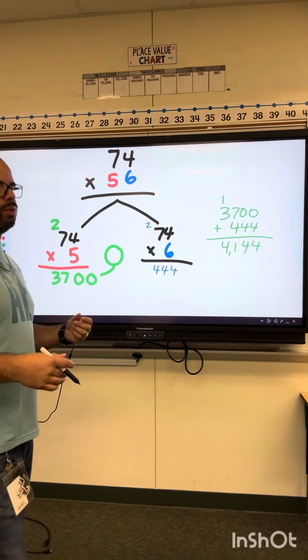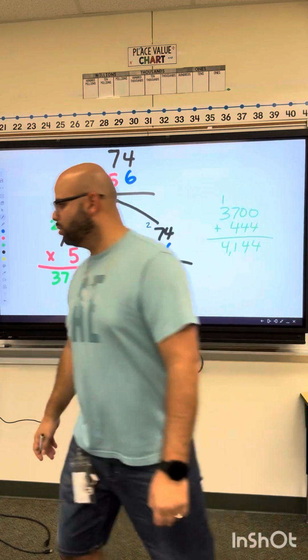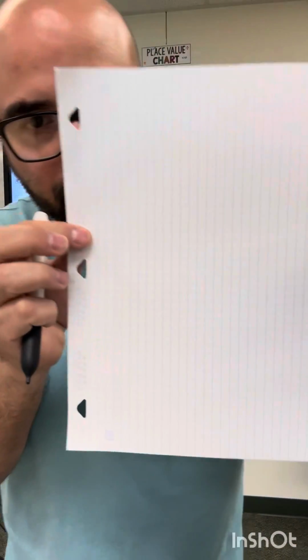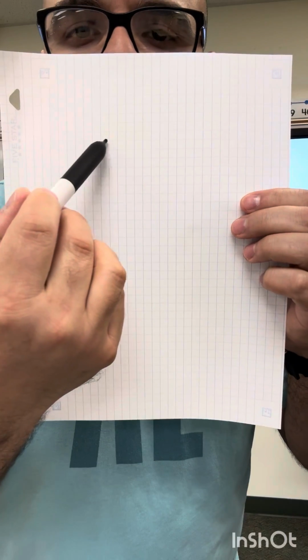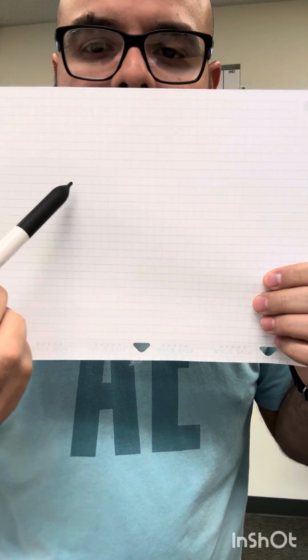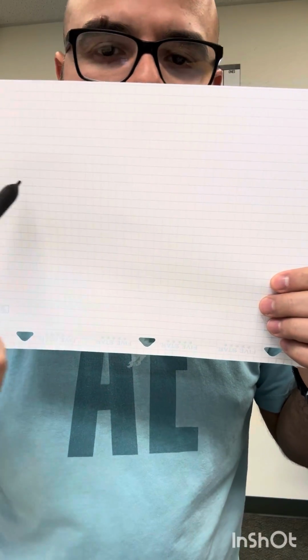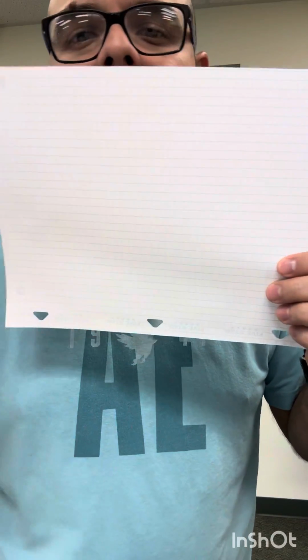There's other ways where you use the grid. Okay, grid paper, which I'll show you. We have grid paper, right? So you would do the area model, drawing the area model using these little square units. But the thing is with the grid paper, if you obviously don't have 70 squares across and 5, then you're not gonna be able to use the grid paper.